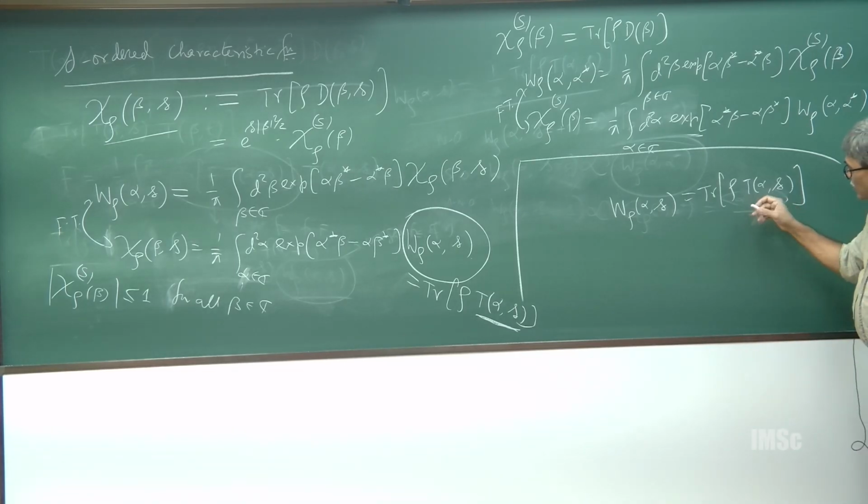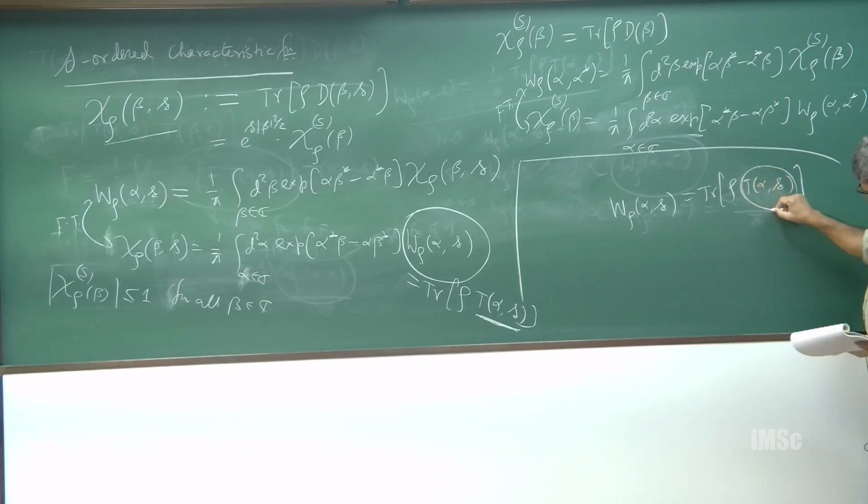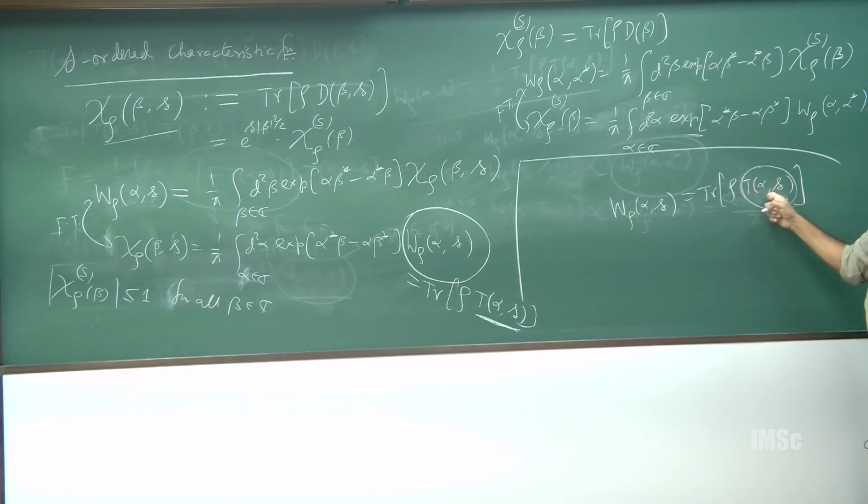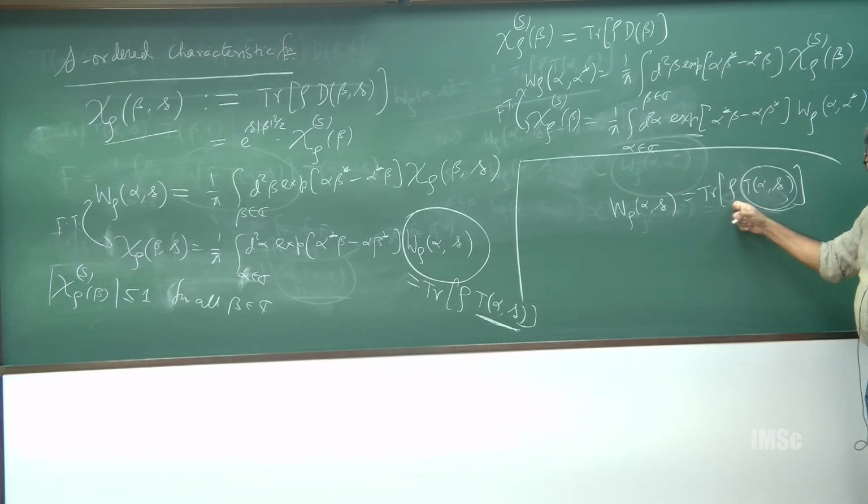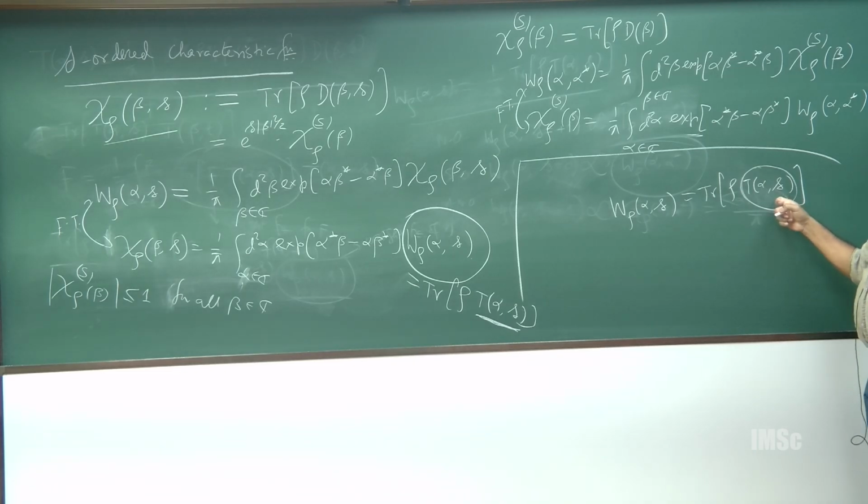So, this is basically the expectation value of a density matrix with respect to a state, right? So, what is the maximum it can have?